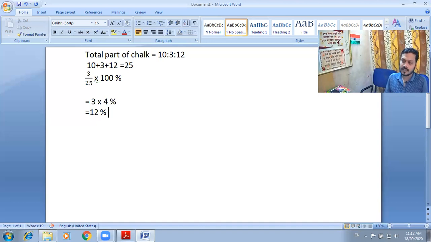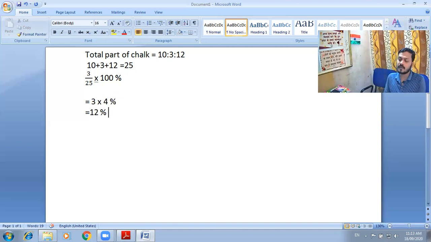Okay, chalk is made from calcium, carbon, and oxygen, and the total part is 25. Out of this 25, 3 represents the amount of carbon, 10 represents the amount of calcium, and 12 represents the amount of oxygen.